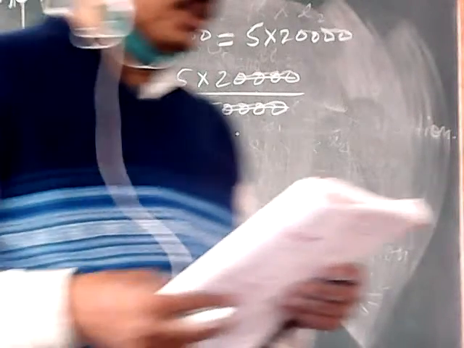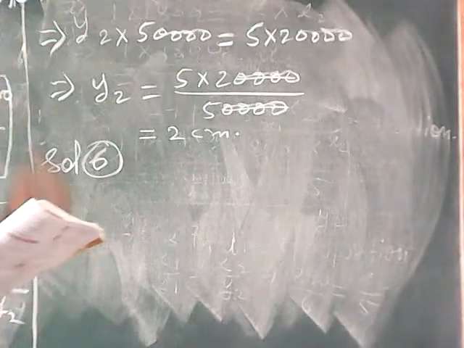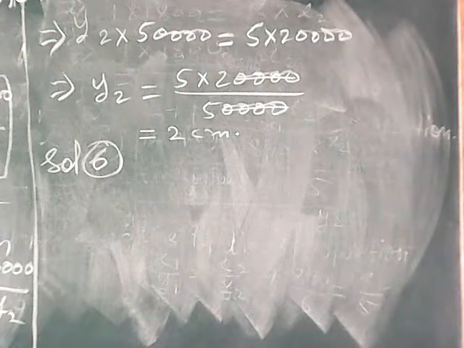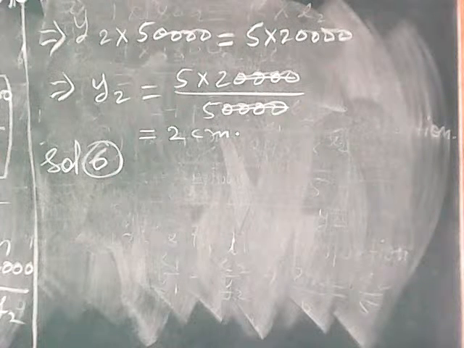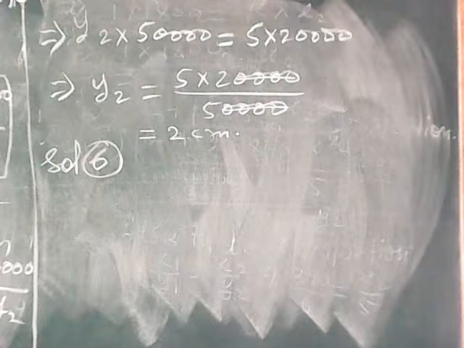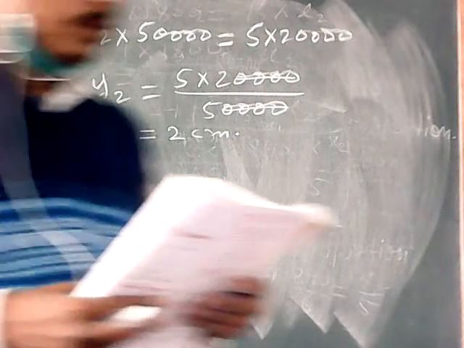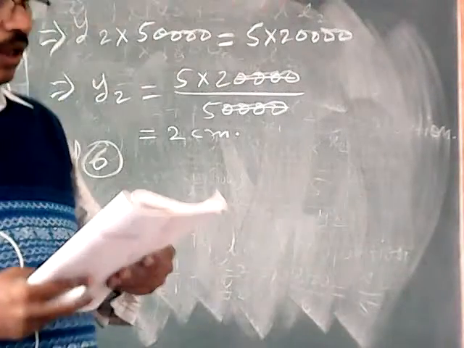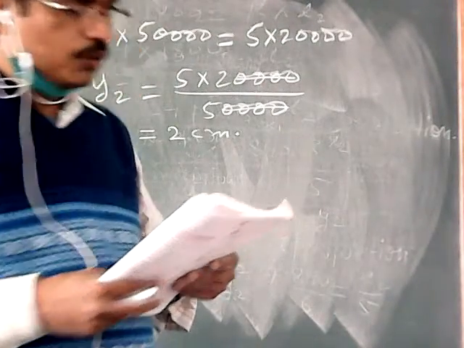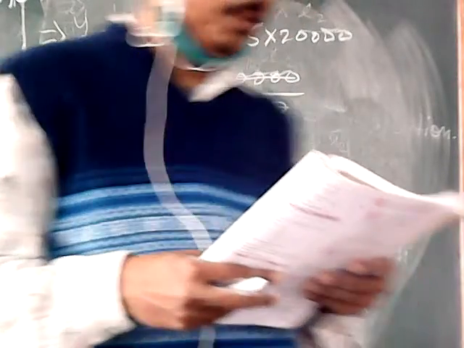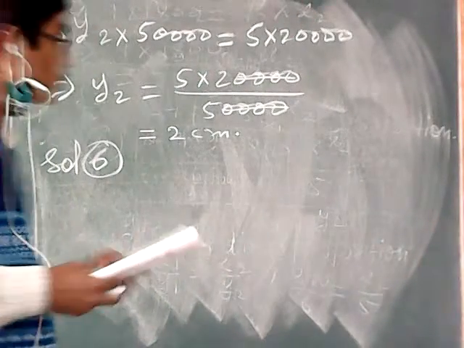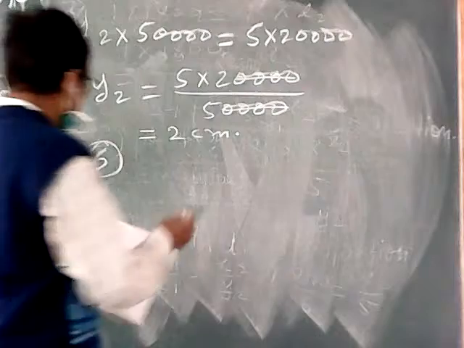If the length of the ship is 20 meters, how long is the model ship? So the length of the model and the actual length of the ship, these two we will be making a table.